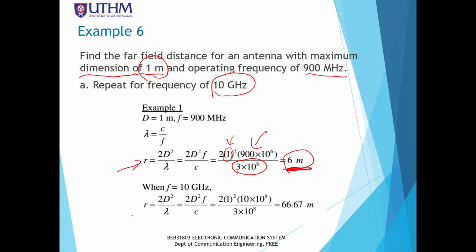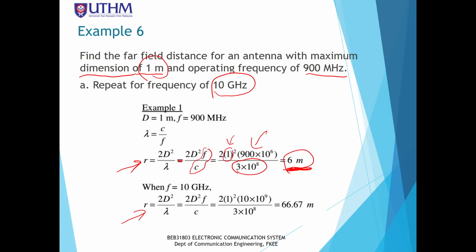So you see that when we use different frequencies, 2D squared over lambda, maybe I should explain about this. This is 2D squared over lambda, because lambda is C over F. So therefore we're going to do 2D squared F over C. I hope students know this is actually 1 over lambda.